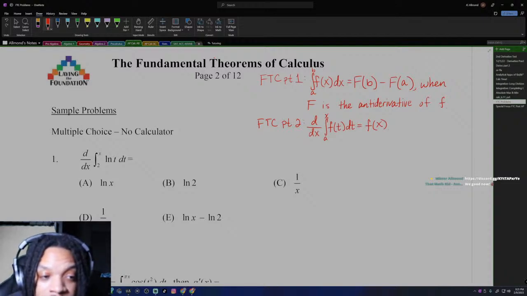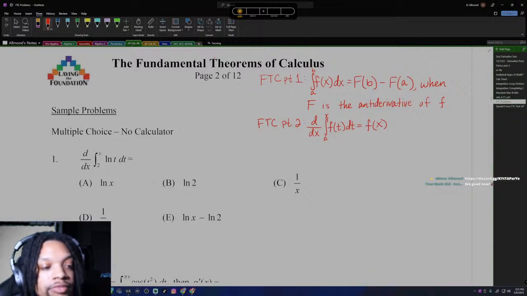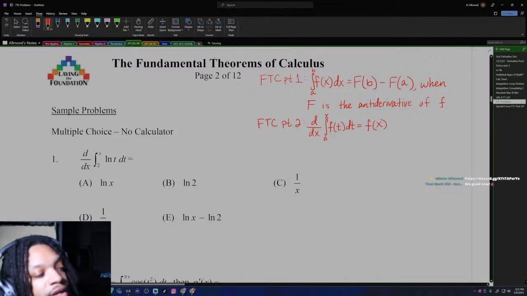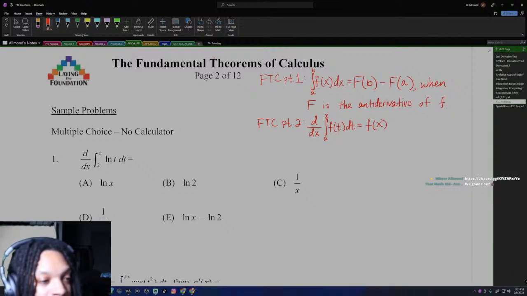So if you want to be technical, then you can say minus 0 because you're using part 1 technically. But okay, so that's what that says. And in fact, number 1 is literally FTC part 2 exactly, down to a T. No pun intended. But the derivative of an integral is just the function itself evaluated at the upper bound.